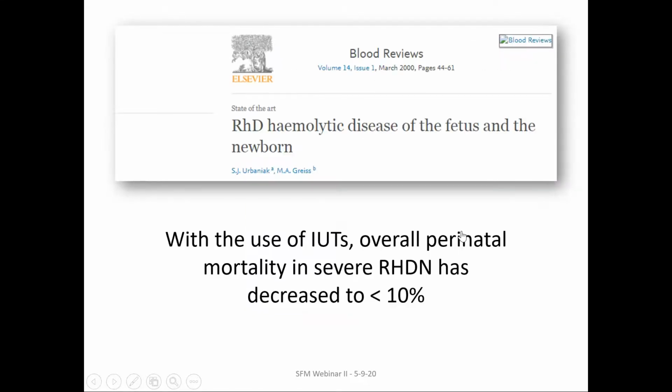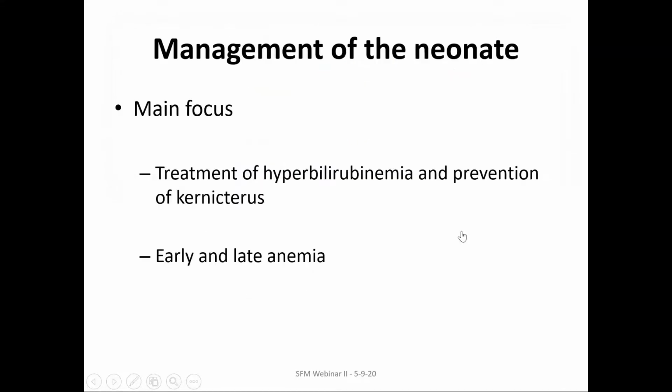Now, the first thing we need to understand is that with intrauterine transfusions becoming very widely available, and a lot of centers practicing intrauterine transfusions and correcting fetal anemia, the good thing that has happened is that the overall perinatal mortality in severe hematologic disease related to rhesus incompatibility has decreased significantly, to as low as 10% these days.